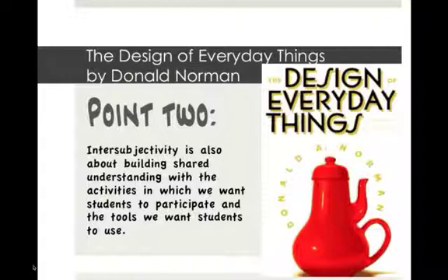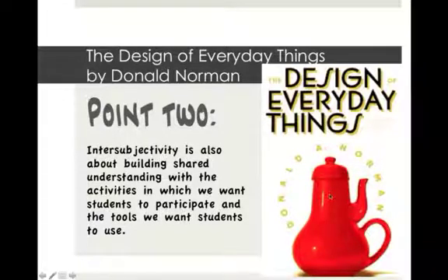So what do I mean by that? You can get a sense from this little book cover about the design of everyday things that maybe the way that we design the things we want students to use may not be the way that they actually use them or the way that they want to use them, or may not be as effective for them as it was for us.